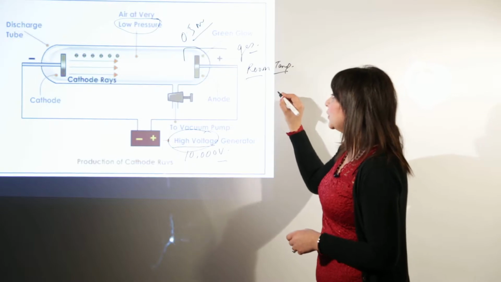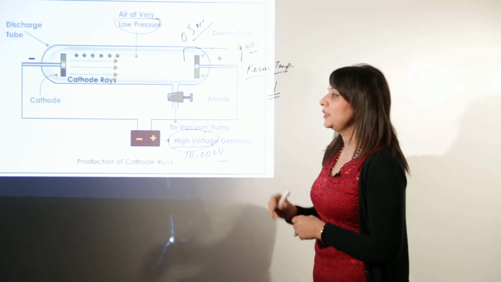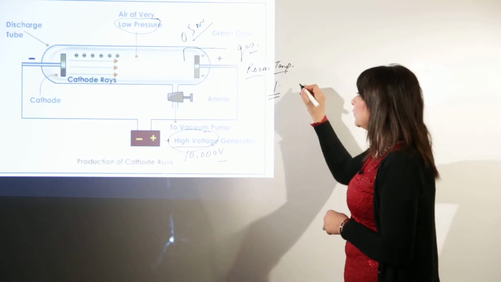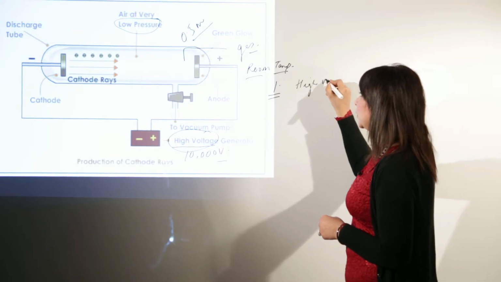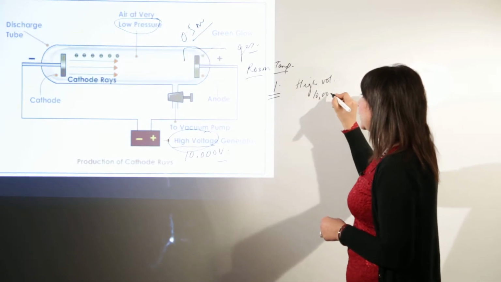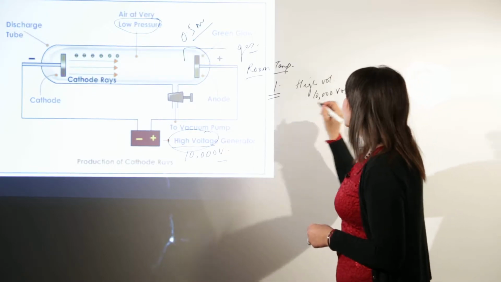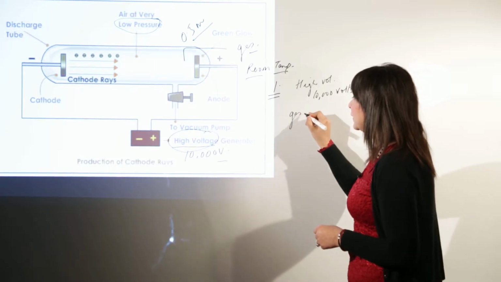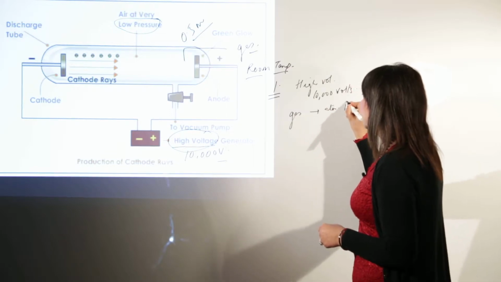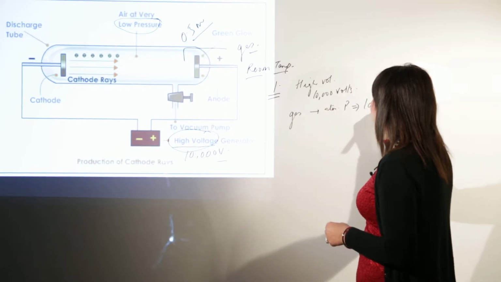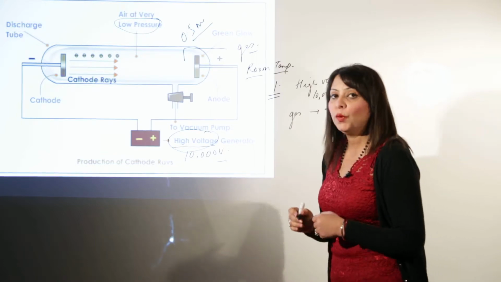So, atmospheric pressure. What did he see? When he applied the high voltage, that is the 10,000 volt battery, and took the gas at atmospheric pressure, which as you all know is 1 atmosphere, what happened?